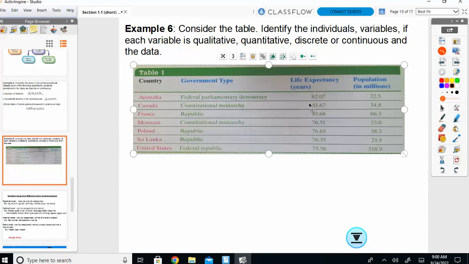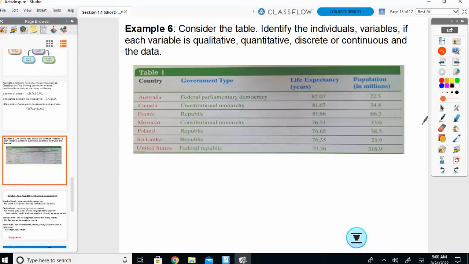Next example, and I apologize, this is really hard to read. So I want to identify, and it's up to you if you write all this down, I just want to kind of take some data and pick out the pieces. If you can't read it very well, I know it's a little difficult. It has country, and it has several countries listed.